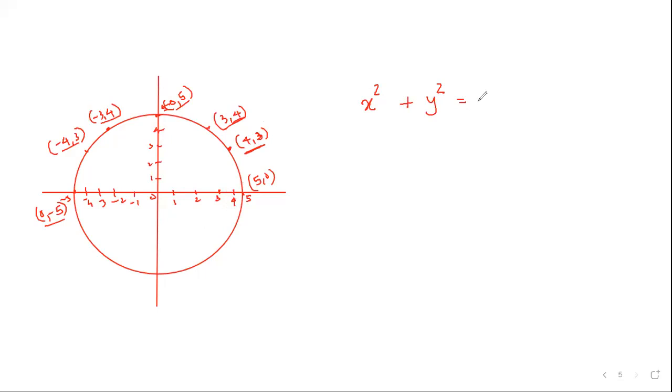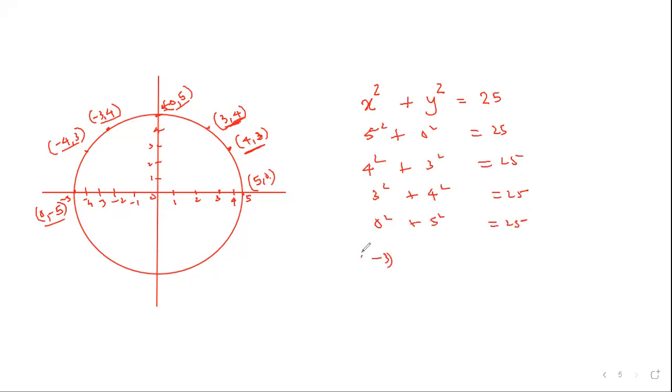25, no? 25. Look at this. 5 square plus 0 square, is it 25? 4 square plus 3 square, is it 25? 3 square plus 4 square, is it 25? 0 square plus 5 square, is it 25? Yes, sir.